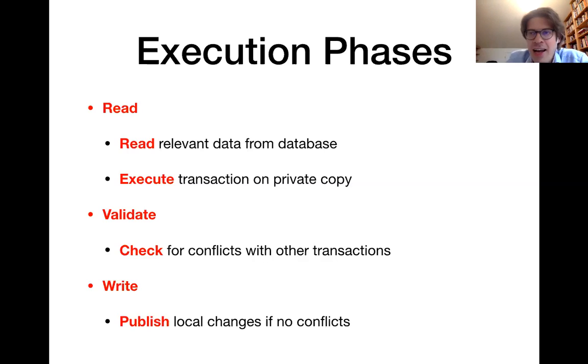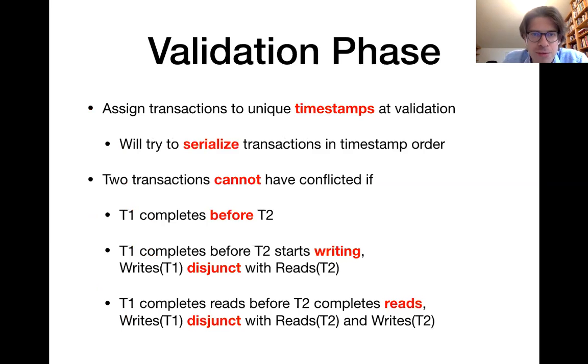Now that is the high-level overview of how optimistic concurrency control works. Let's discuss the validation phase in a little bit more detail, because that is the key to concurrency control. It generally works by assigning unique timestamps to transactions at validation time.